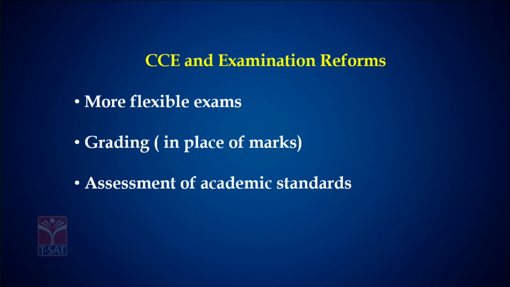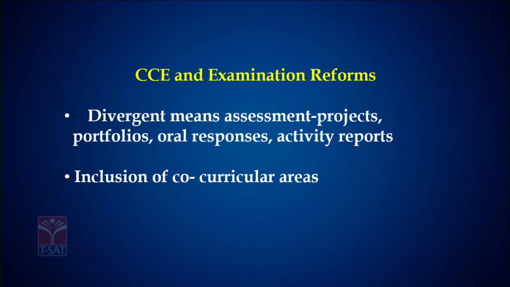And now we have adopted CCE, or continuous and comprehensive evaluation. So, what is CCE? It is more flexible, and grading is there in place of marks and assessment of academic standards. In the new curriculum system, we have taken up academic standards and divergent means of assessment.